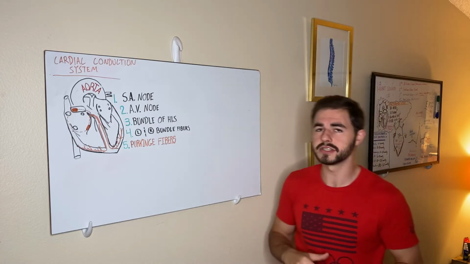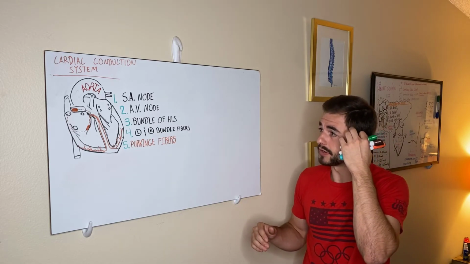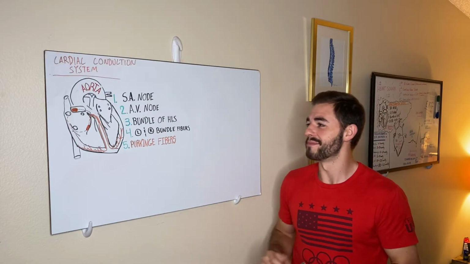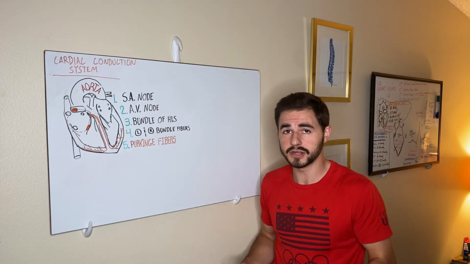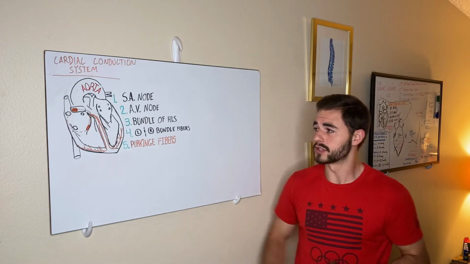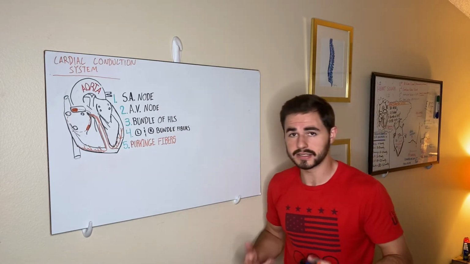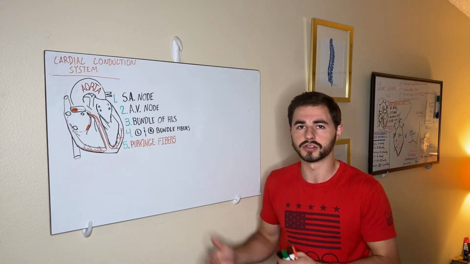Now, some differences you're going to have to know if you get to this level is the difference between the SA node's firing rate, so depolarization, and conduction velocity rate. So we know that the SA node's the fastest at depolarizing at 80 to 100 beats.